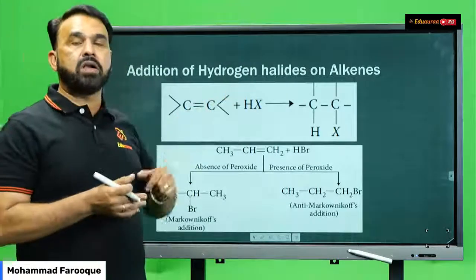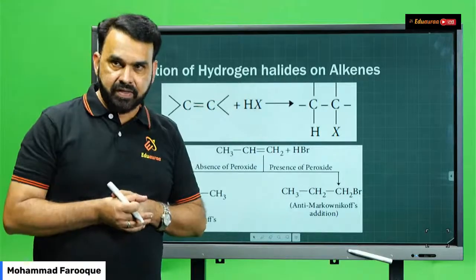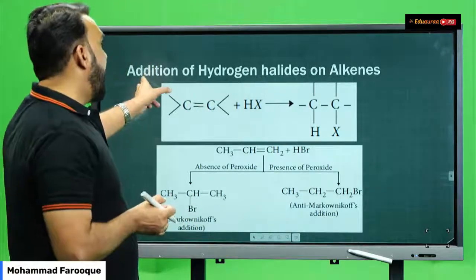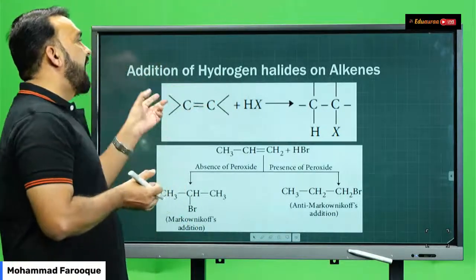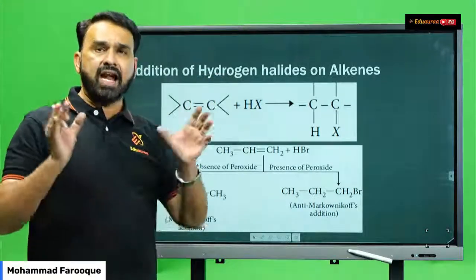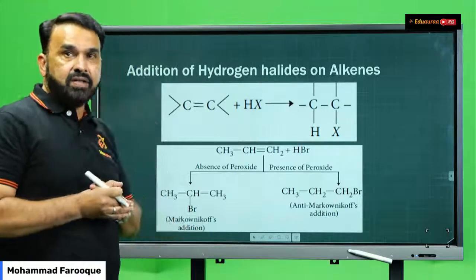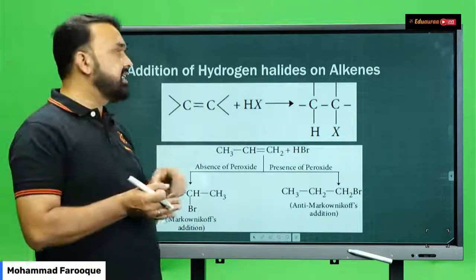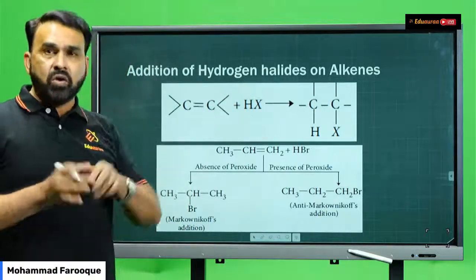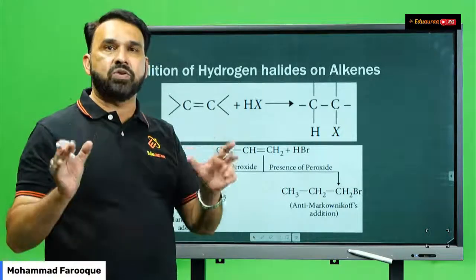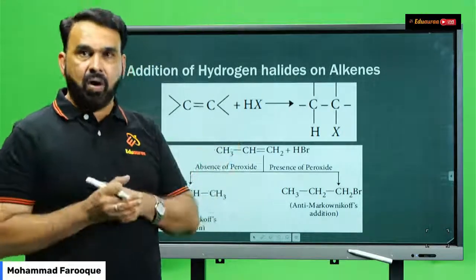This is another important reaction of class 11th, that is, the addition of hydrogen halides to alkenes. When you study the properties of alkenes, this is one important property. Now, you know that alkenes are unsaturated hydrocarbons containing a double bond.